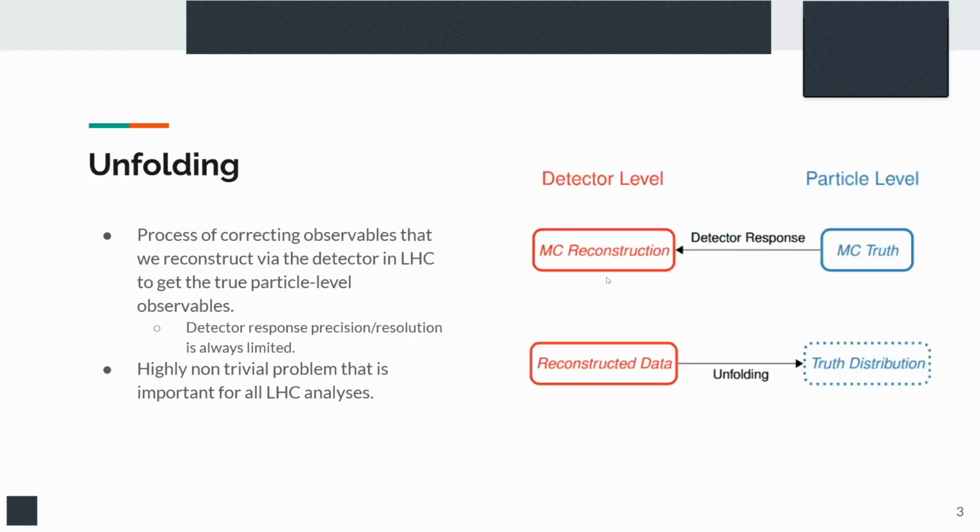So, what is unfolding? In the detector, we have limited precision and resolution. Of course, I'm talking about the detector at the LHC. Unfolding is the process of correcting the observables that we reconstruct with the detector, with its limited resolution and precision, to get the true particle level observables.